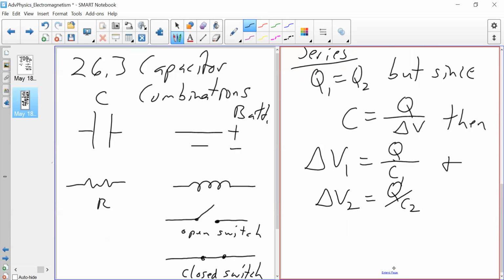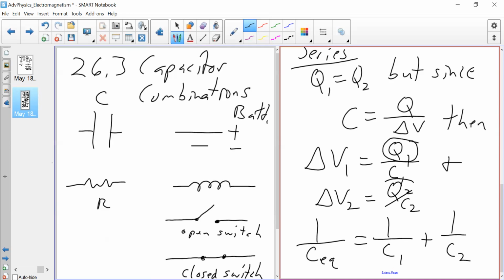So if we wanted to create one capacitor to do the same job as those 2 capacitors, C1 and C2, we would form what is called an equivalent capacitor. We call it CEQ for equivalent, and that would be equal to the reciprocal sum of C1 and C2, because these two Qs are the same. So we don't have to worry about them because they're the same.